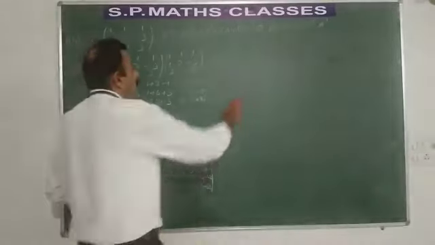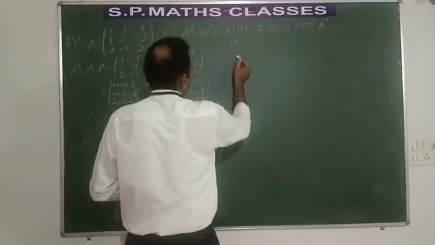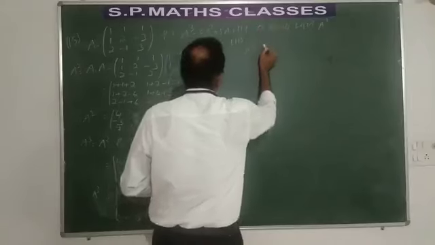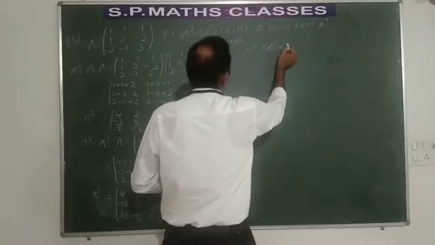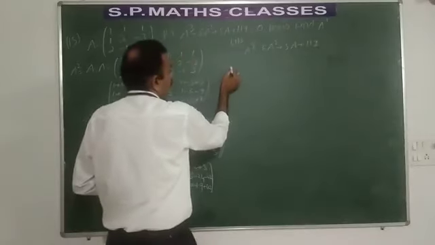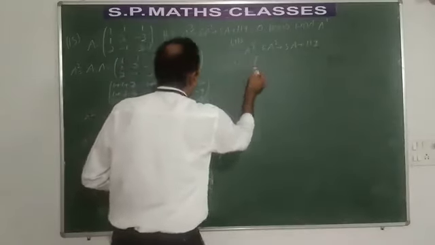Now you consider the LHS. A cube minus 6a square plus 5a plus 11I. I write A cube minus 6 into A square.